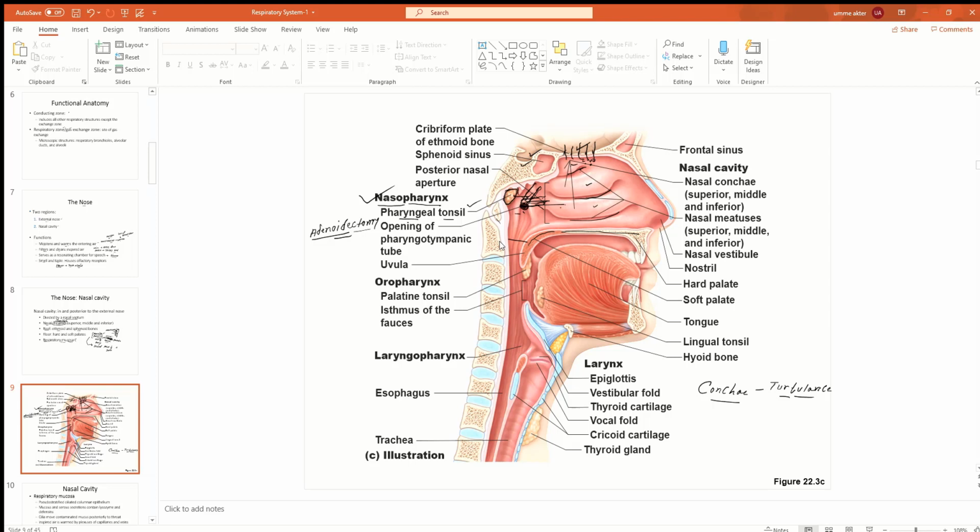And then the lower two parts of pharynx, oropharynx and laryngopharynx. Oropharynx is behind the oral cavity. So here, this is the oral cavity. So food also enters into this part, right? As well as air comes from above. And then laryngopharynx is the last part of the pharynx, close to the larynx.